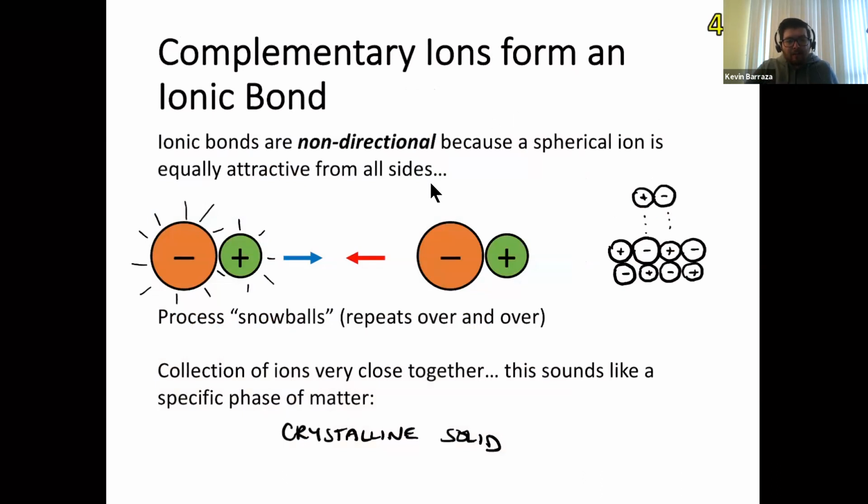We have a metal and a non-metal transferring their electrons, and the resulting ions start to stick to each other by what we call the ionic bond. And because ionic bonds are non-directional, meaning I can attract from every direction, they'll all start sticking in 3 dimensions. So from the left, from the right, the up and the down.